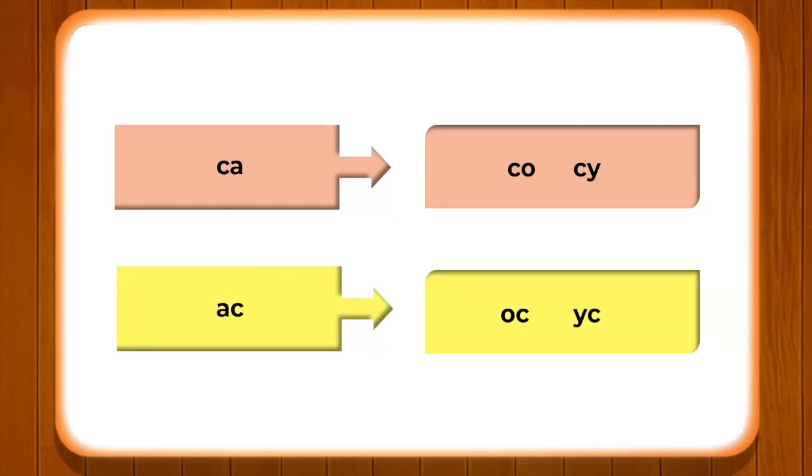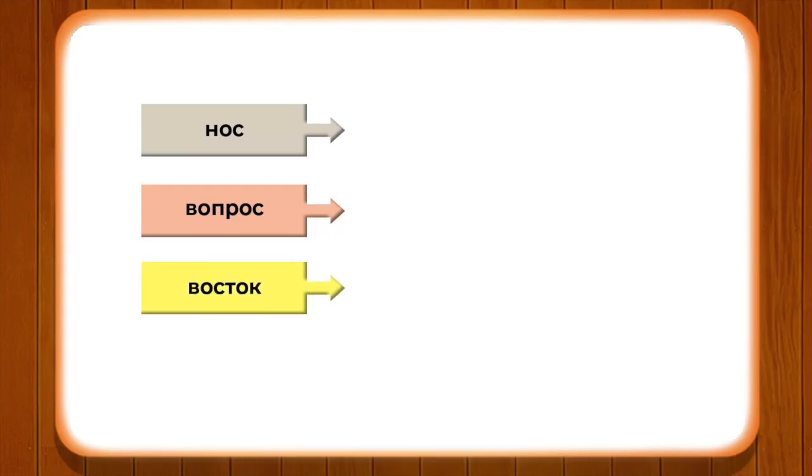All right, let us go ahead and see a few more examples where we will find new words in Russian, so that you can build up your own vocabulary in order to communicate with your family and friends, in order to understand the basics of Russian efficiently and then further communicate with them. So, we have nos, vopros, vostok, kiosk.